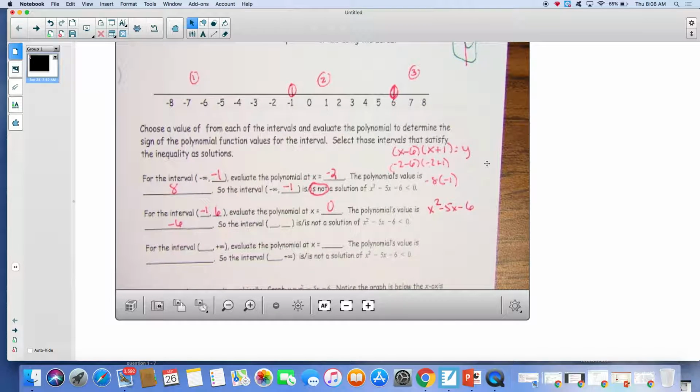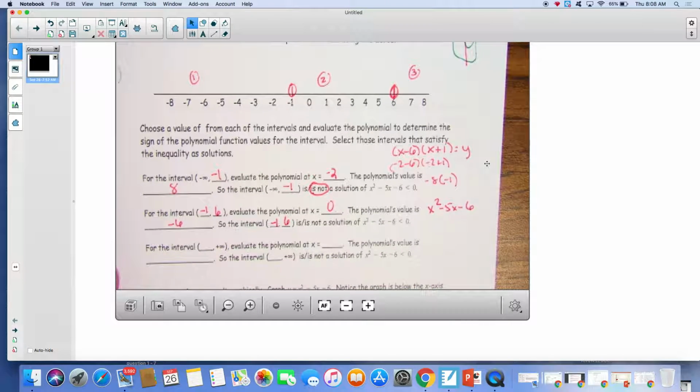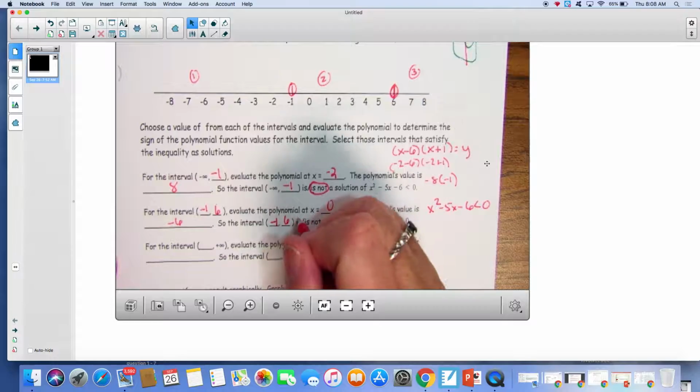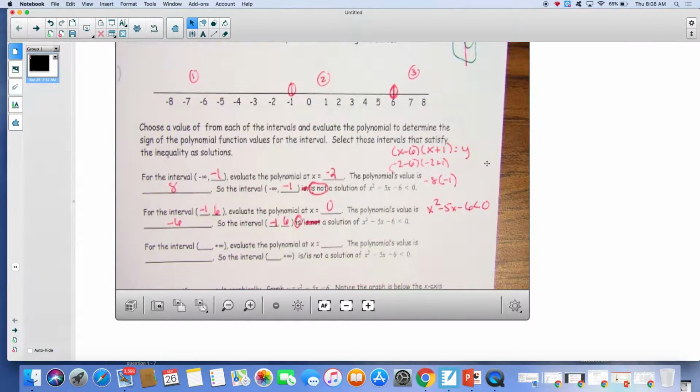So the interval between -1 and 6, is it a solution or is it not? It is, because I want to find everything that's less than 0. So this one is a solution.